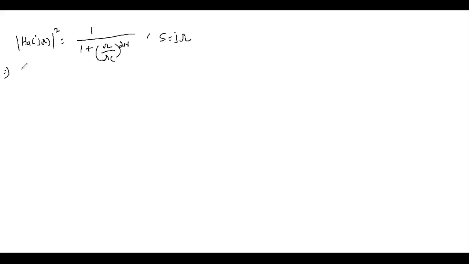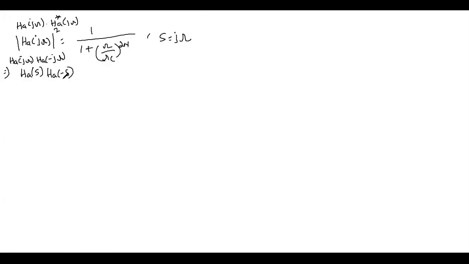So this is H of s multiplied by H of minus s. Because the magnitude square of H of j omega is H of j omega multiplied by H of its conjugate, where the conjugate means j becomes minus j. That is H of j omega multiplied by H of minus j omega. So H of j omega means H of s, and minus j omega means H of minus s.